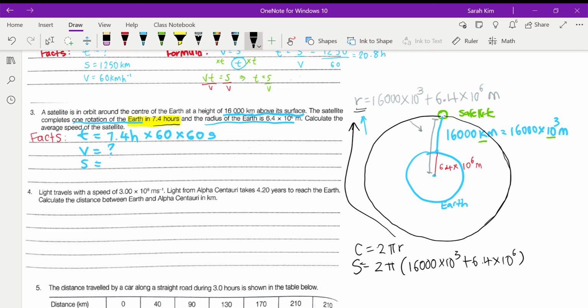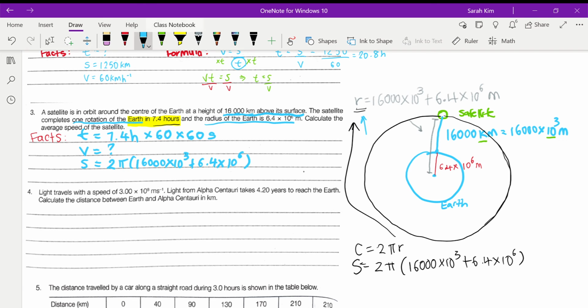I know it's the circumference, but that is the distance traveled in this specific example. So I'm going to copy it down here. I know it's a lot to write, so you are more than welcome to evaluate that first and have it as one answer, but I can't be bothered. I don't have a calculator right in front of me, so I'll write it like that.